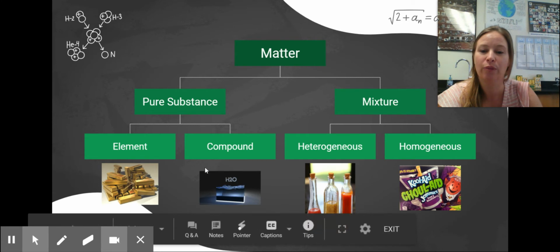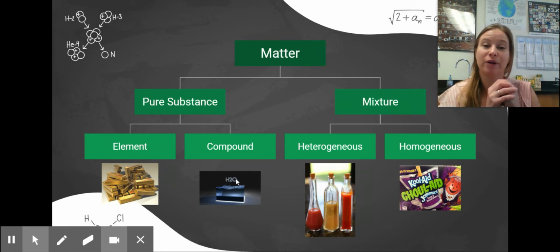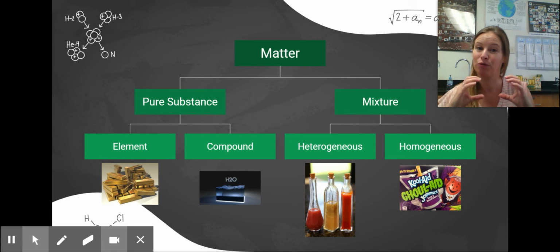And then we have compounds like sodium chloride and H2O water, which are different elements combined, hydrogen and oxygen in this example, but they are chemically combined. So if you had pure water, it would look like our last slide where it's just one type of molecule. Okay, so we have red and white atoms in there, but they are bonded together, so it's the same component of every single molecule, okay?